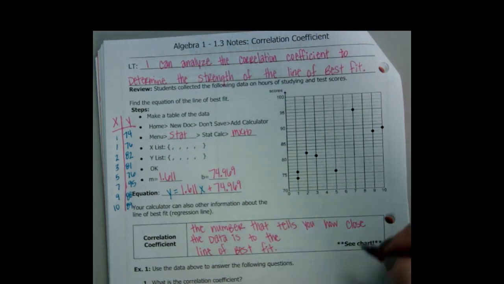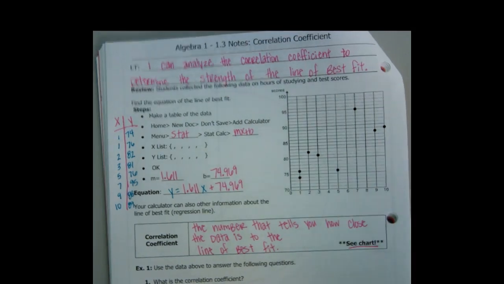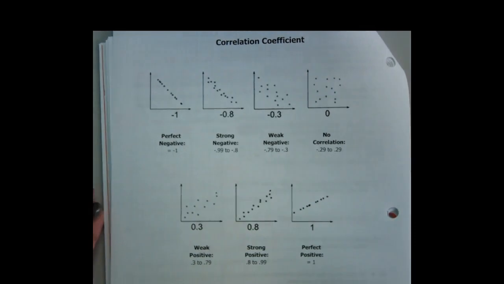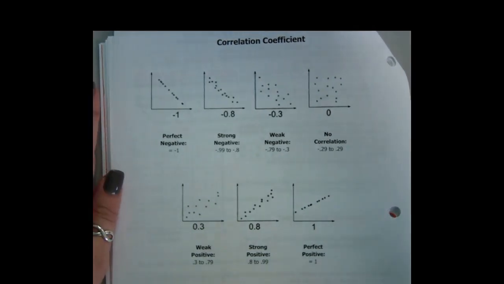So for this, we're going to look at this chart. I'm going to flip a couple pages here. So on page 19, here is our chart that explains how this works.